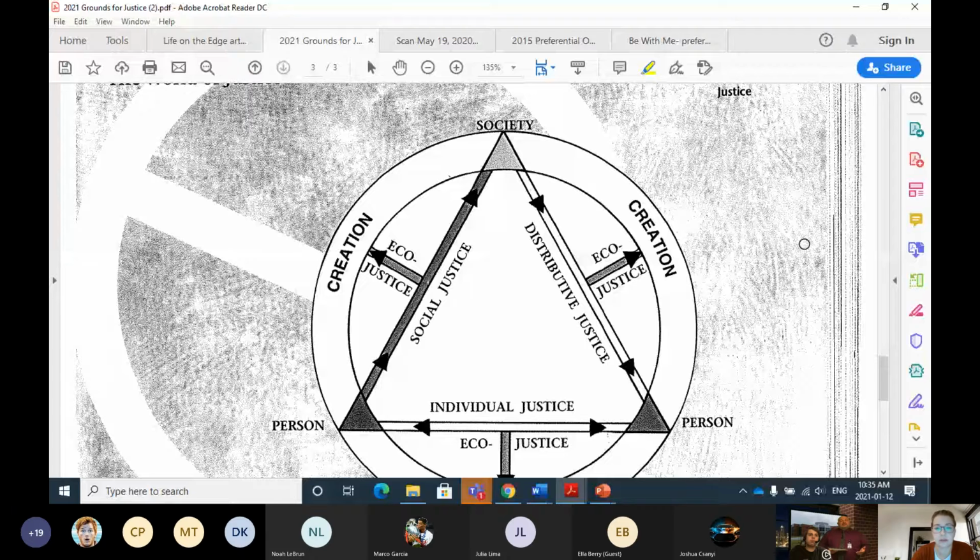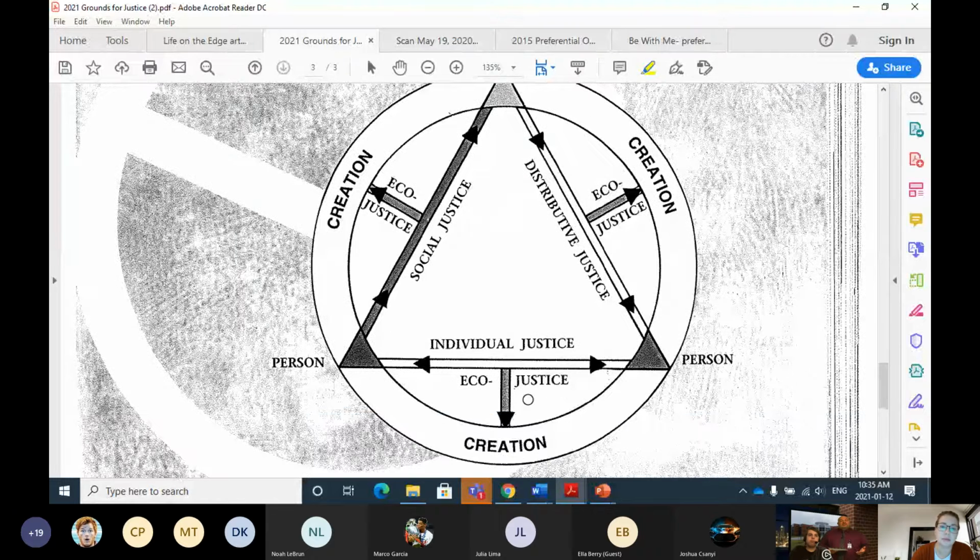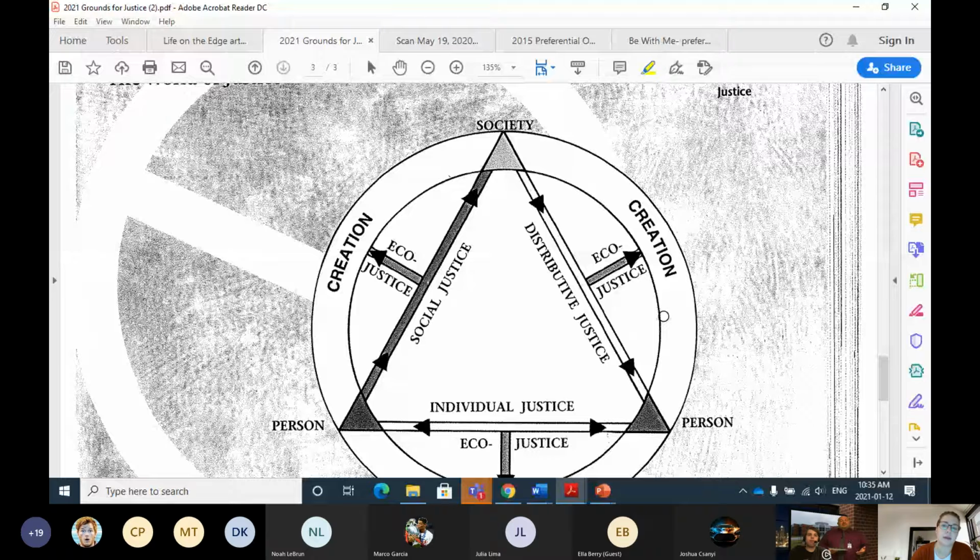So you've got distributive, individual, social, you've got ecological, and it's all connected. So you have society, creation, persons, and you can see that they're all connected, even though it's a strange diagram to understand. You can't have one without the other, basically.